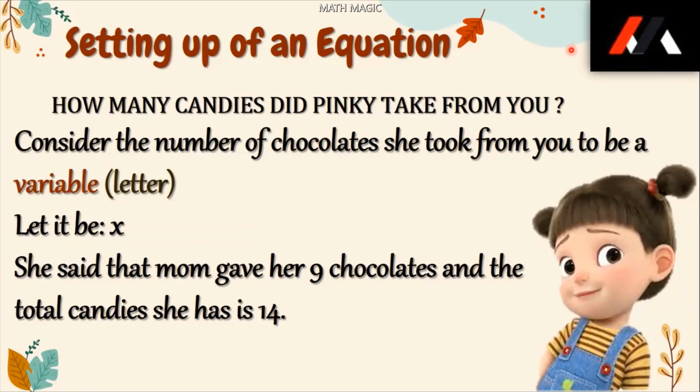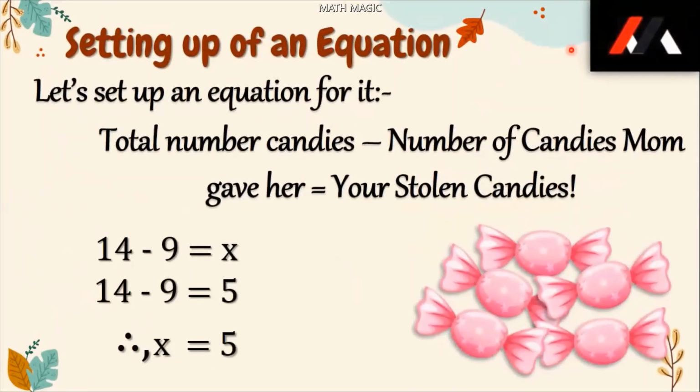Pinky said that her mom gave her 9 chocolates and right now she has 14 with her. Let's set up an equation. Total number of candies minus number of candies mom gave her is equal to your stolen candies.